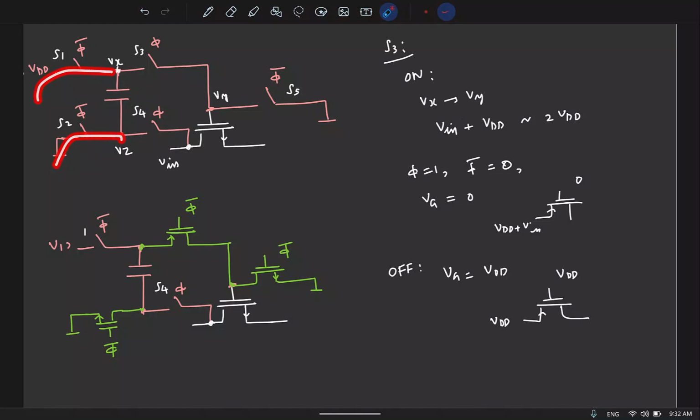In one phase this will close and this will open at the same time. No, we'll see how we are going to do that. See, the thing is, assume that the switches are not overlapping. When one closes, one opens. Okay, so this is fine. There will be some delay.